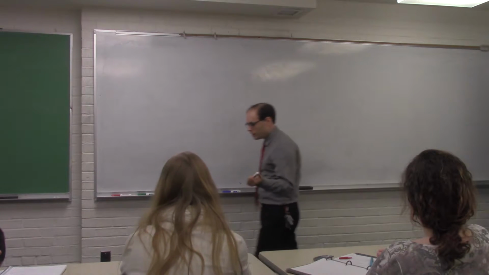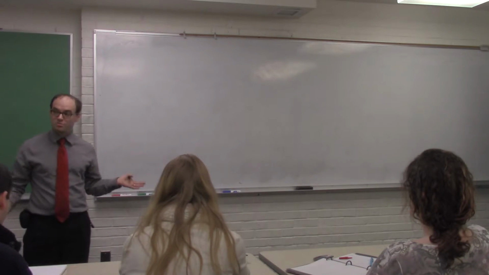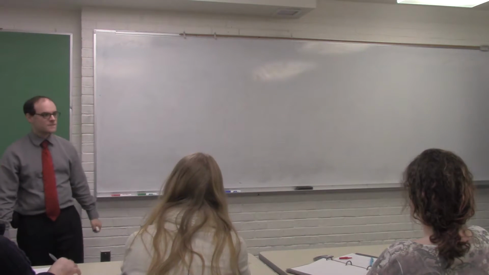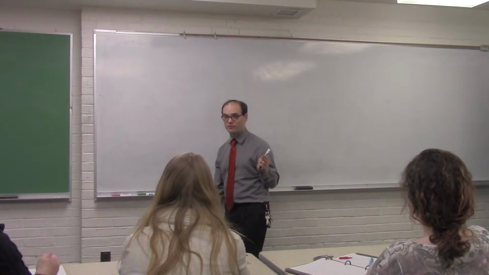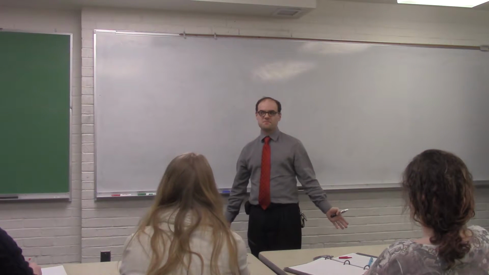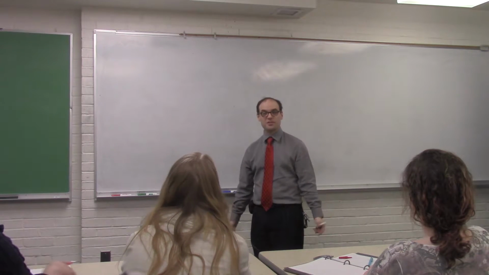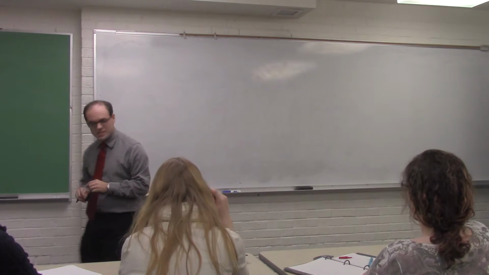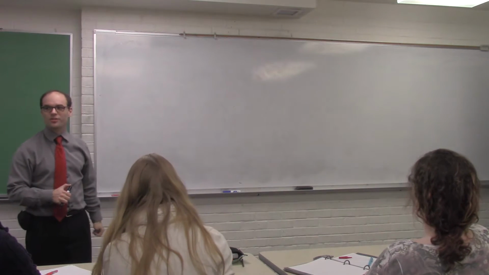School of thought number one, embodied by Hatcher, is to give you a bunch of examples about what it should be, and then work up the general definition. School of thought number two, embodied by many physicists, judging by what I've read, and the way that I learned it, is here's the definition. It makes no sense. Now let's try to justify why it makes sense and why we should believe it. I don't know which way to do it. I'm going to write down the definition, leave it up there a bit, draw some pictures, and sort of bounce back and forth.